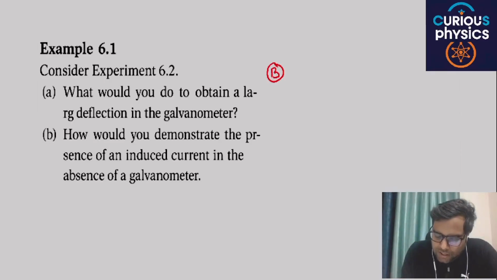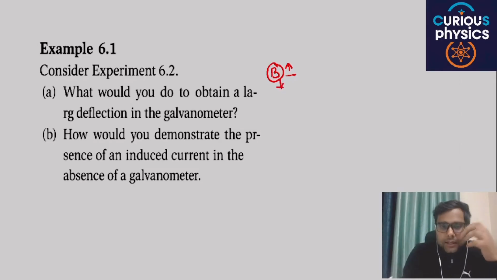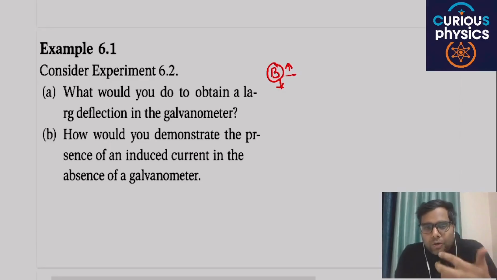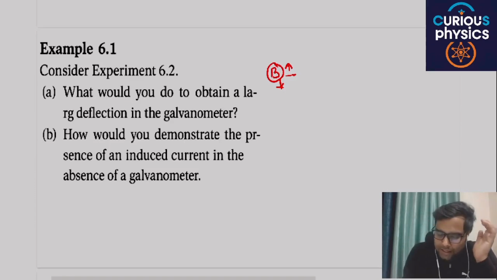If you increase the value of B, if you increase the value of the magnetic field, then the change in magnetic field will also increase. The magnetic field in the primary coil, the coil which is in motion, can be increased by increasing the current.